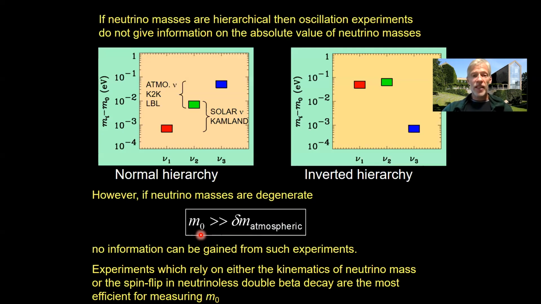Cosmology is also, in that sense, a kinematical probe of neutrino mass. So in cosmology, we mainly probe the contribution of neutrinos to the stress energy tensor. And that contribution depends quite strongly, actually, on the neutrino mass. And that's why cosmology is such a good laboratory for probing neutrino masses. And of course, also masses of other light relics.